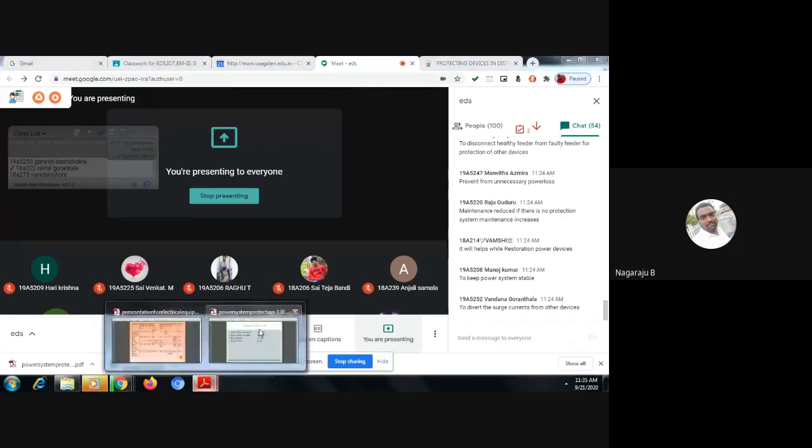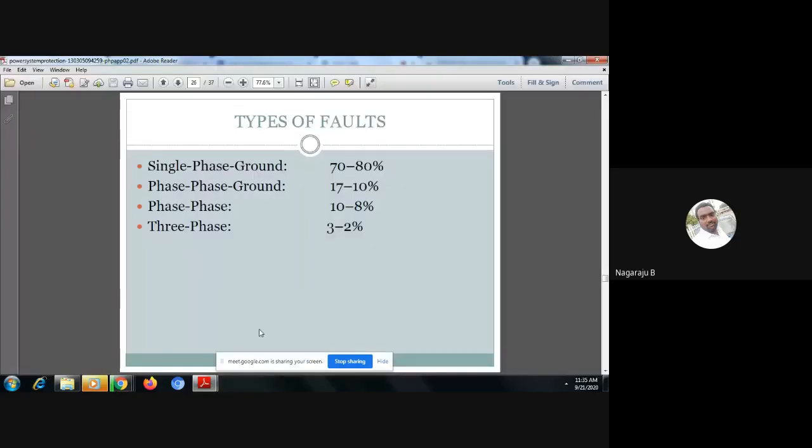A single phase to ground fault, a line to ground fault is there. In the distribution system, 70 to 80% of faults are line to ground faults. A double line to ground fault is there, which is 10 to 15%. A line to line fault is there, 5 to 10%.